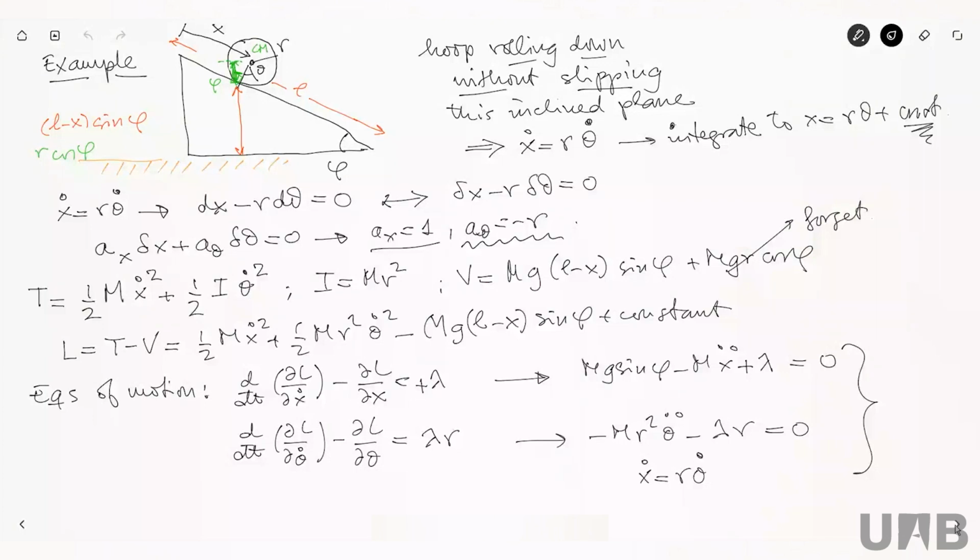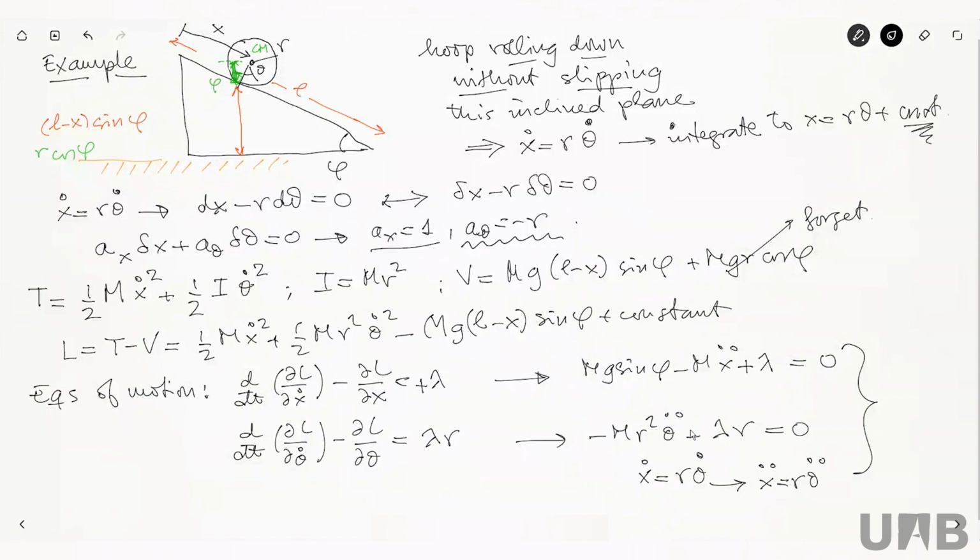No. Okay, so let's solve this thing. In order to solve this thing, it's advantageous to take the constraint and take one derivative. x double dot equals r theta double dot. And then, the constraint with the second derivatives links the two equations.